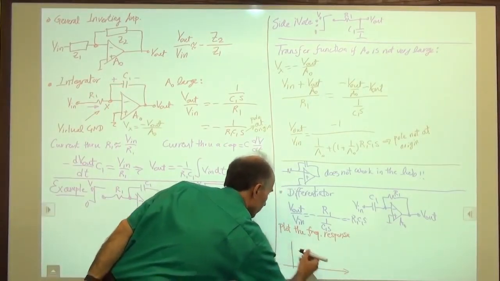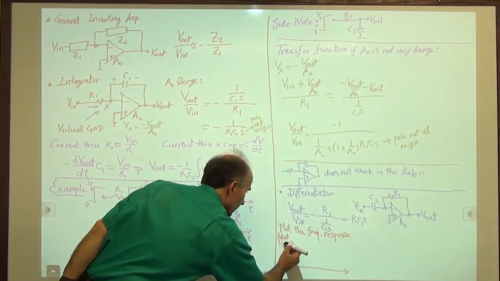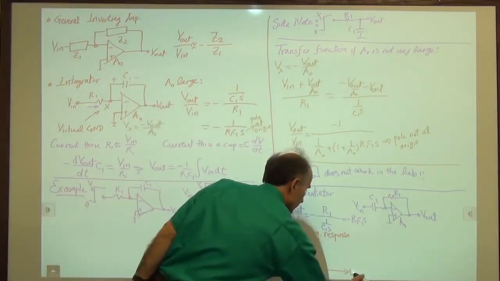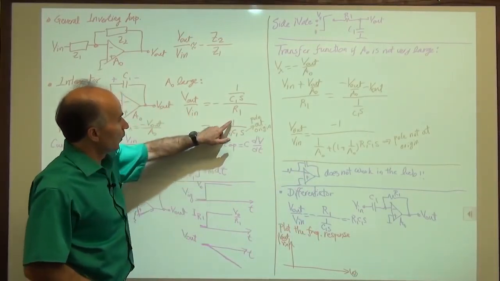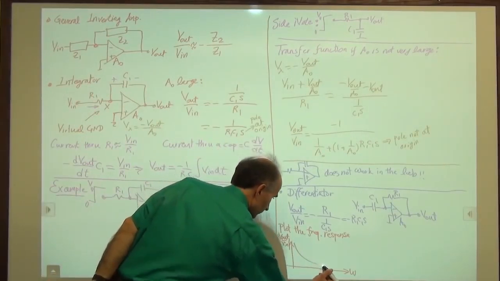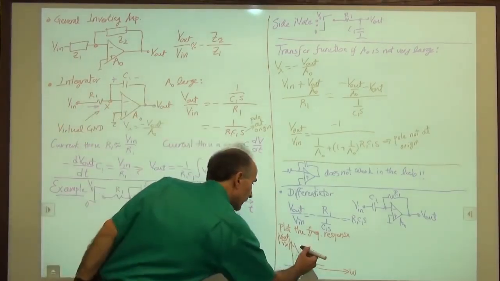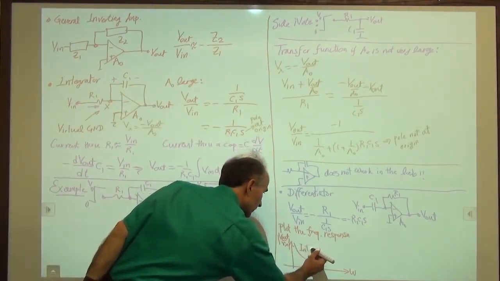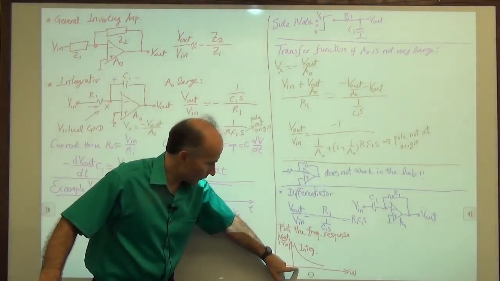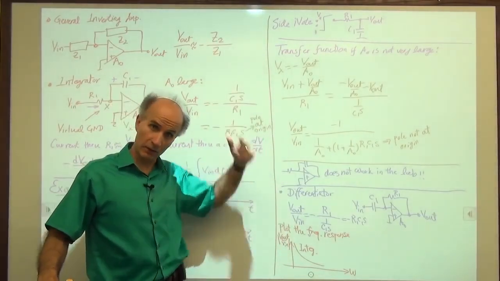For the integrator, so V out over V in magnitude as a function of frequency is 1 over R1 C1 omega. So it goes like this. It's a hyperbola, right? Okay, so that's for the integrator. We said that as the frequency of operation goes to lower and lower values, the transfer function goes to infinity. The gain goes to infinity.